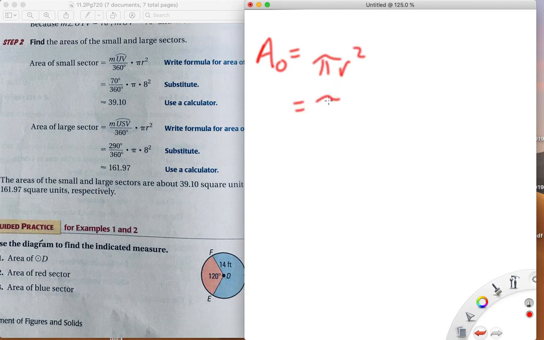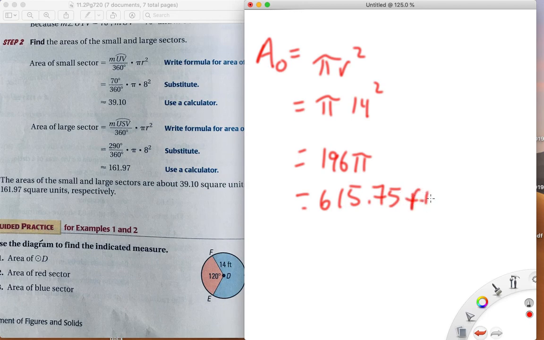So in this case, it's pi 14 squared, and 14 squared is 196. So you can say it's 196 pi if you want to do it in pi form, or you can multiply that out and say that it is 615.75 feet squared. Either way works.